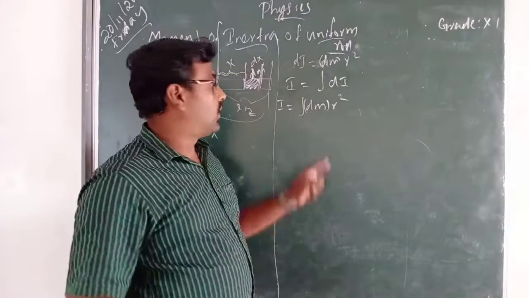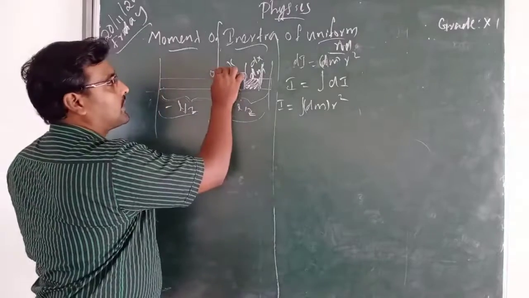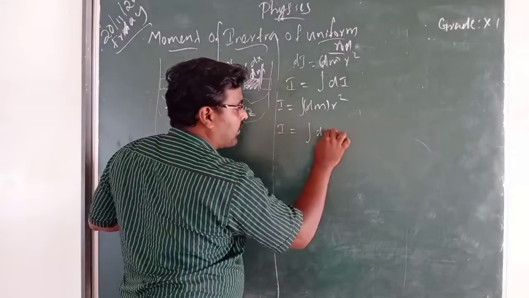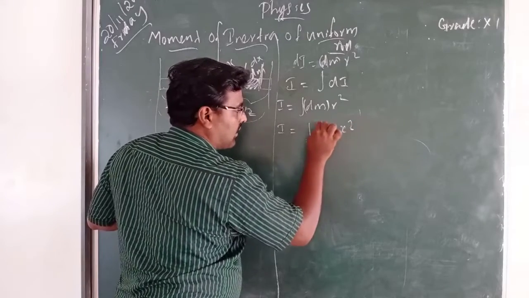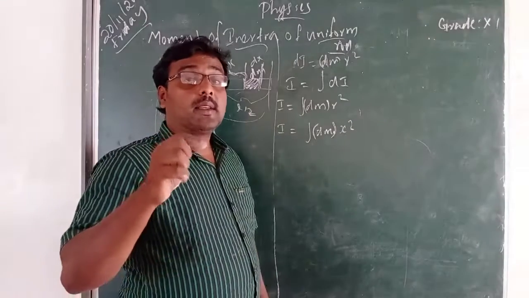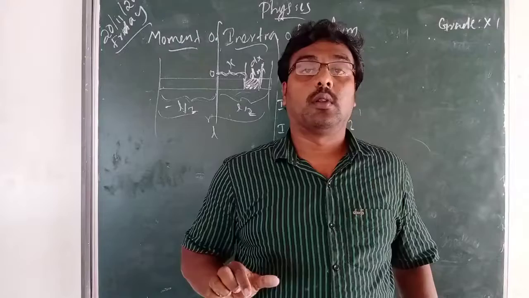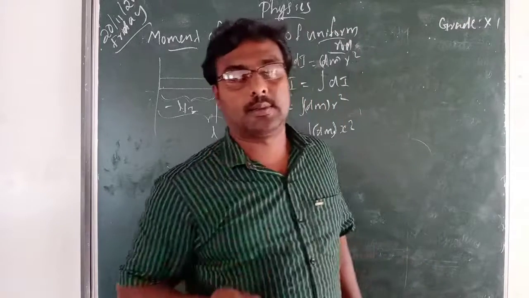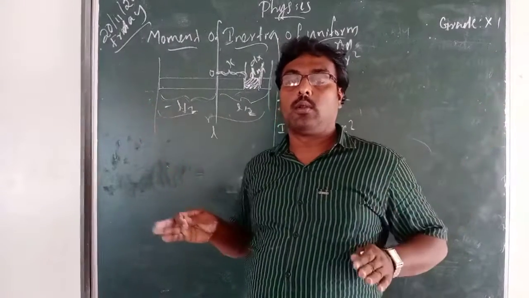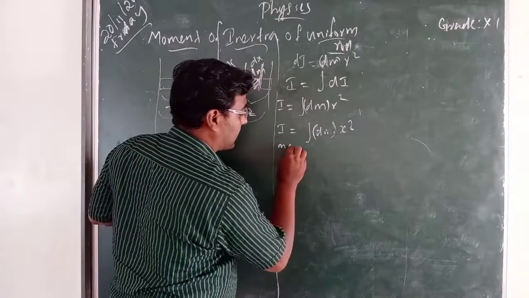Now we have to find out this dm and this r square. What is the distance here? The distance is x. So I is equal to the integral of dm x square. Now we have to find dm. dm is a small mass taken from the uniform rod, so we can use the mass per unit length.